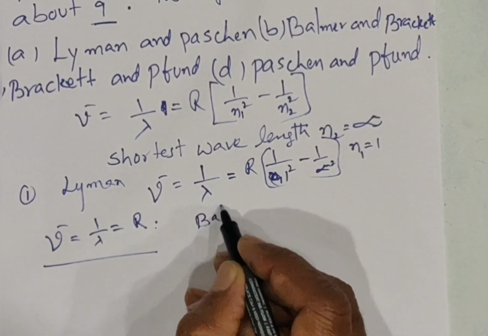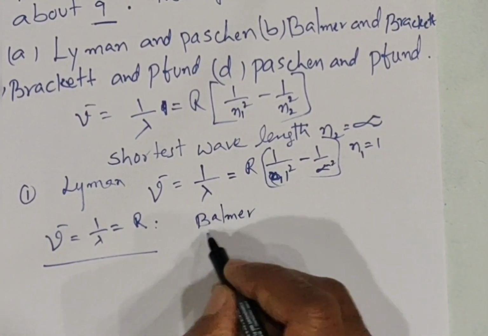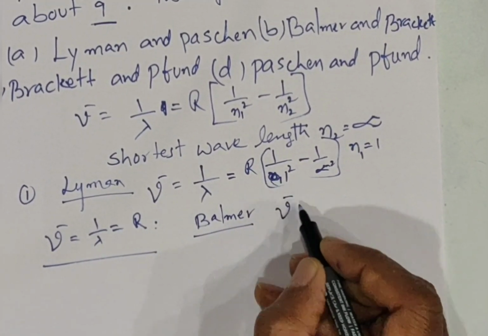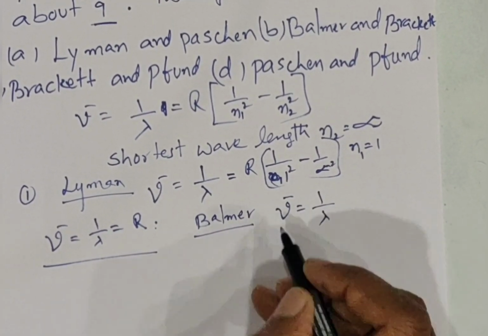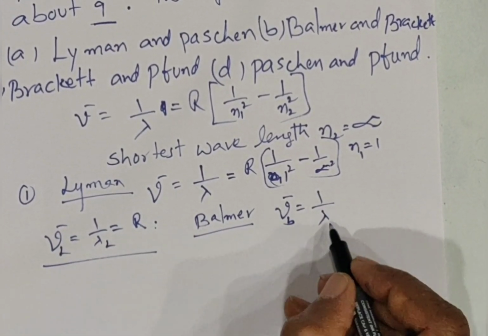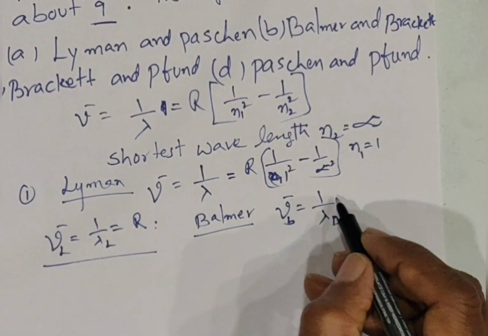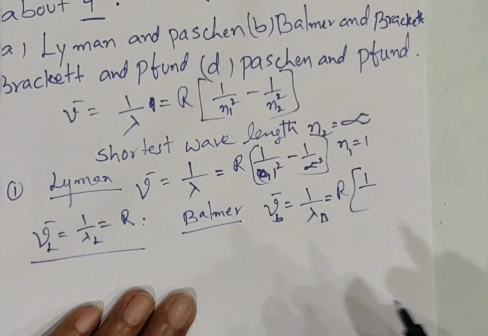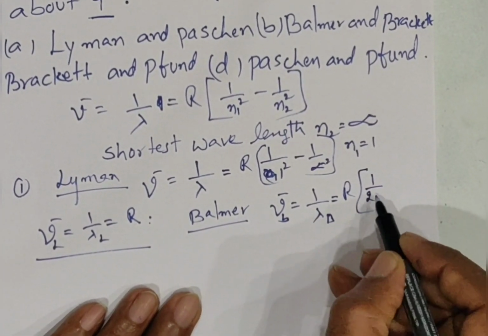In Balmer series, in a similar way we can calculate. So nu bar is equal to 1 by lambda. This is Balmer series. This is Lyman. Balmer. Right? That is equal to R into 1 by 2 square minus 1 by infinity square, as the Balmer series n1 value is always 2.